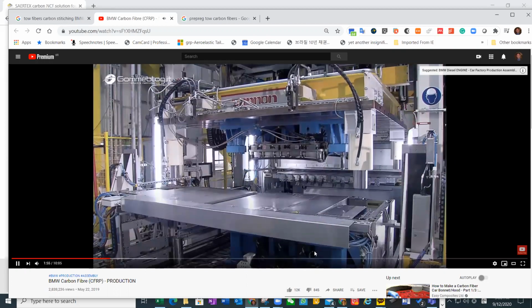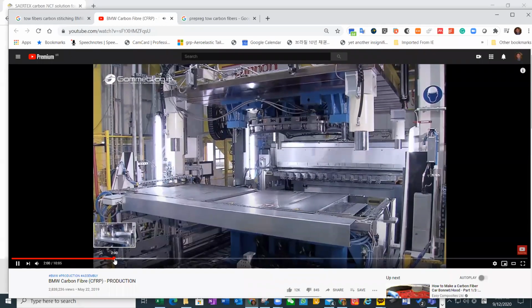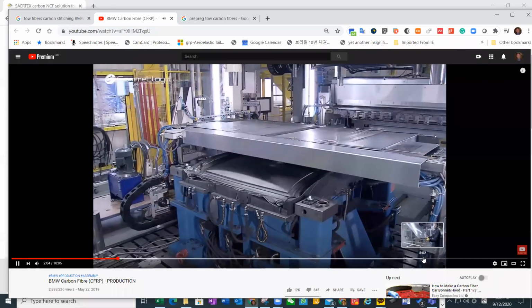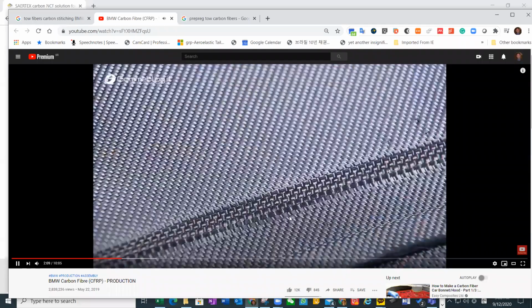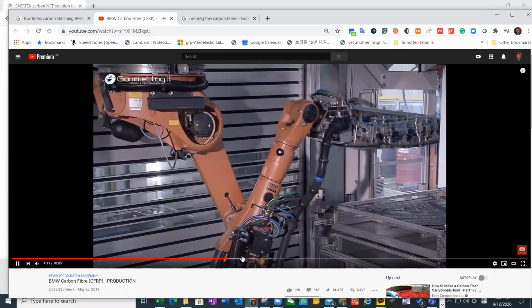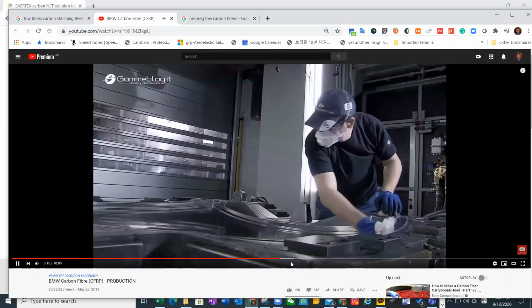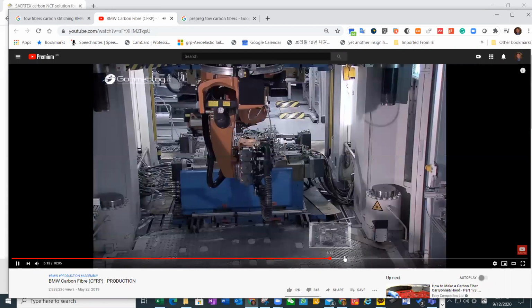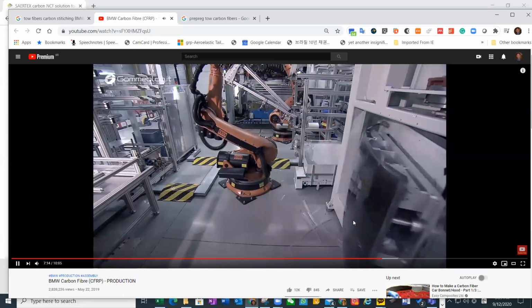This is the roof of the BMW, so this is a layered dry fabric. A robot is picking it up, and we have a mold, and we place that dry fabric over the mold, and then we add resin.